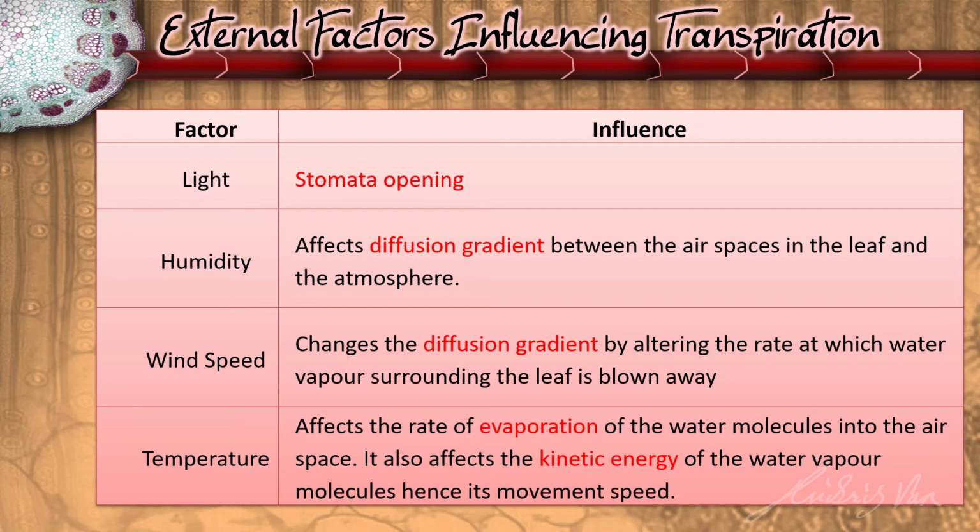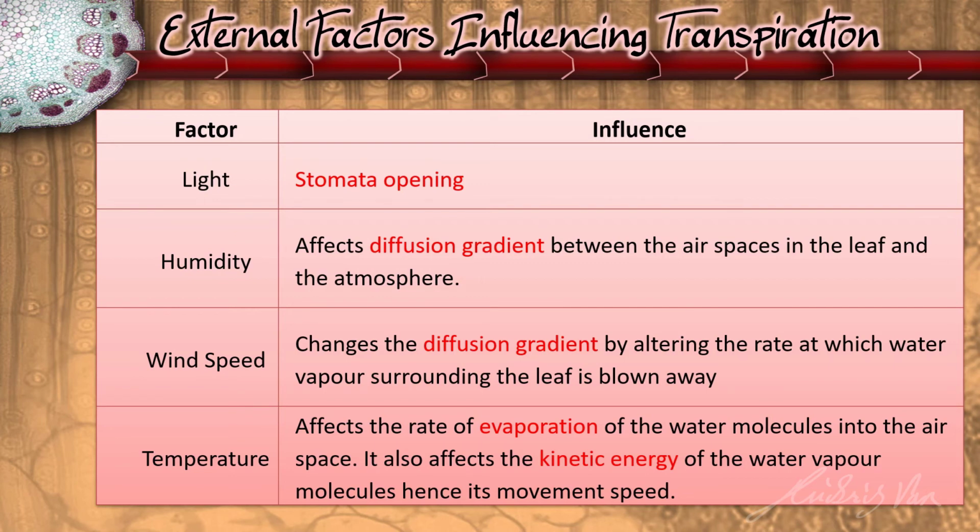So water molecules will move in through osmosis. As for humidity, it will affect the diffusion gradient between the airspace inside the leaf as well as the atmosphere or the surrounding. Higher humidity will decrease the rate of transpiration.